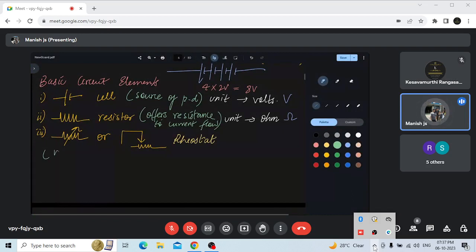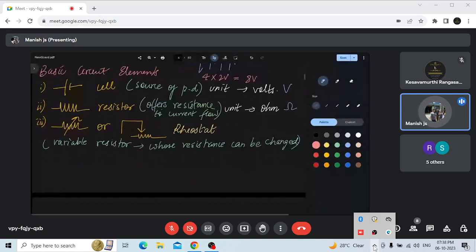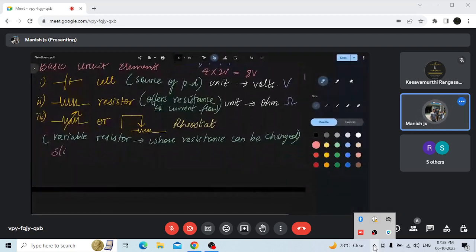Now, what does this rheostat do? It is a variable resistor. What do you mean by a variable resistor? One whose resistance can be varied, changed. It is also called a slide wire rheostat, which is used in the laboratory.